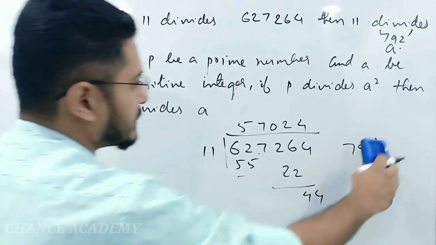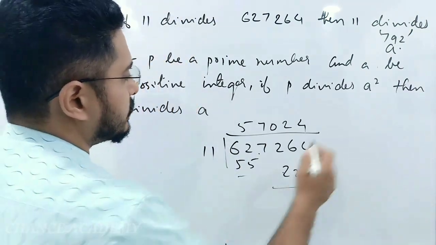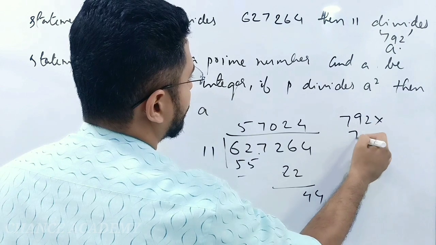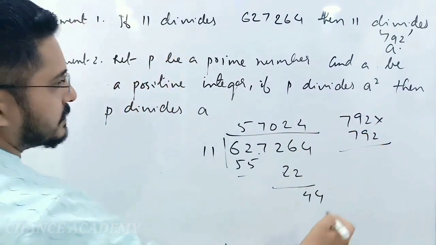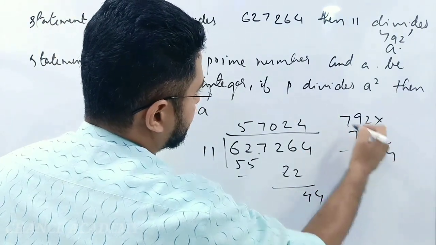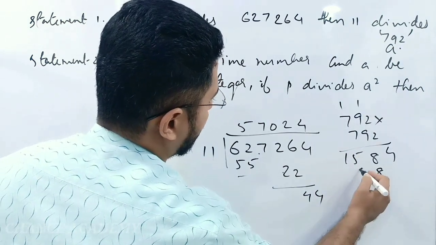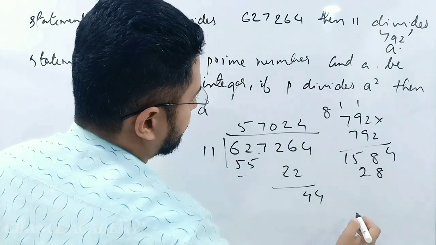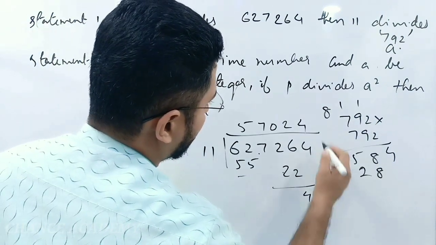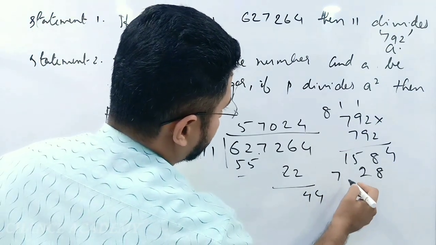Again, one more thing you can check: whether on squaring 792, you will be getting that number or not. So 2 times 2 will give you 4, then 18, 1, 15, again with 9, 8, 1, 81, 82, 8. That will give you 63, 63 plus 8 will be 71.